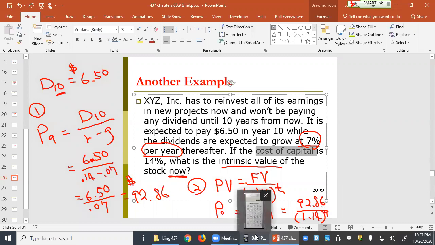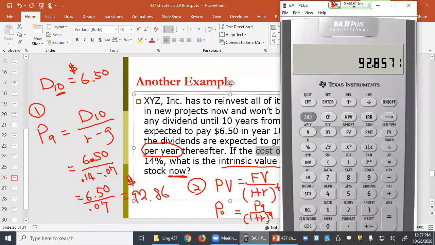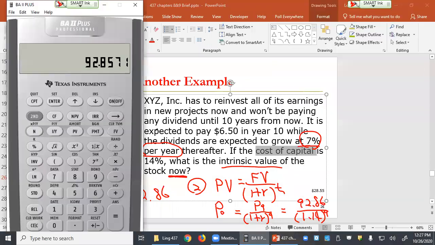Now, for those of you who prefer to use the function keys, step 1, you have to use the equation. There's no function keys. But step 2, you can use function keys, those 5 function keys on the 3rd row of a financial calculator. This P9 is your future value. I already have this as my output from step 1, so I'll press my FV. And I'm solving for present value.